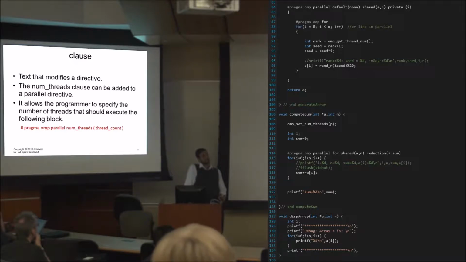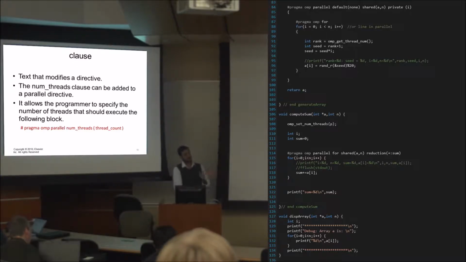In practice, however, you are limited by the number of physical cores you have in your system. Like I said, if you have 8 cores, I can run 1,000 threads on 8 cores, but they will all be doing time sharing, so you will not see the speedup you would be expecting. So we want to cap the number of threads to the number of physical cores to expect any real speedup.